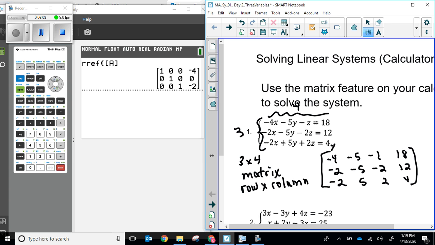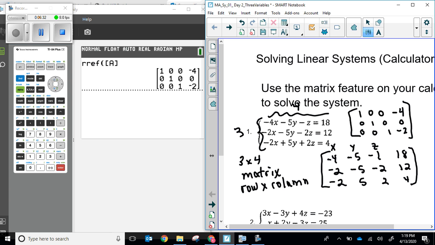Okay, so in my augmented matrix, this is X, this is Y, this is Z. So if you look at your answer matrix, you have 1, 0, 0, negative 4, 0, 1, 0, 0, 0, 0, 1, negative 2.